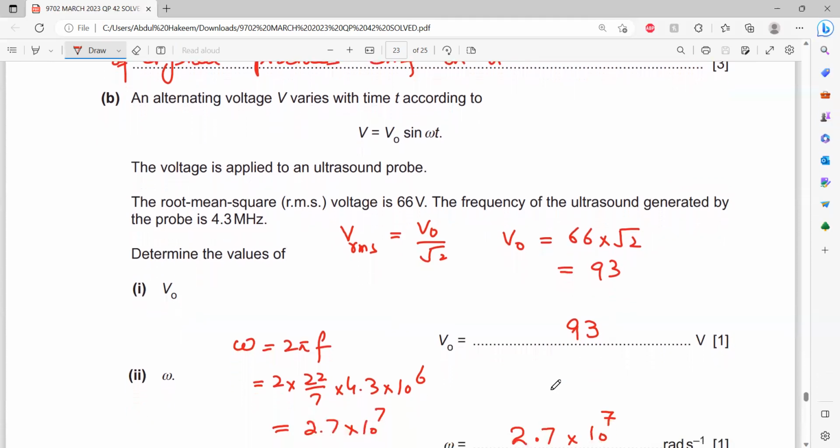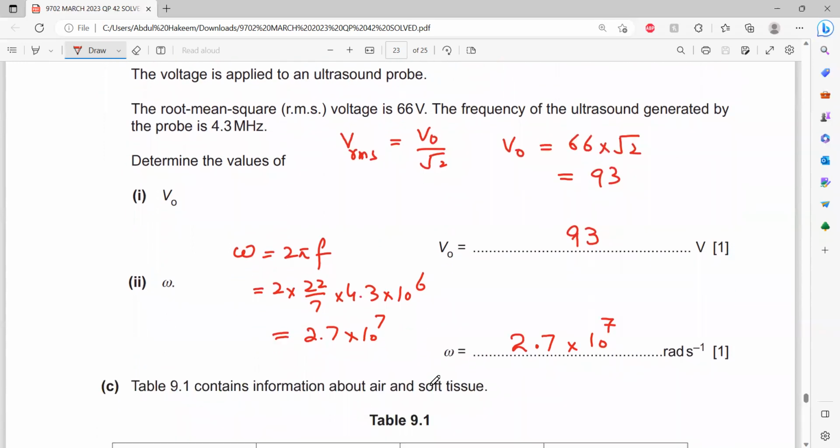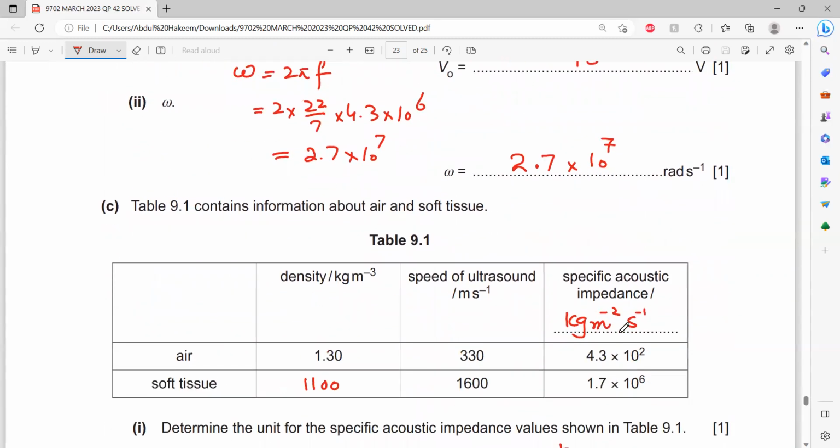This is the peak voltage. And theta is omega t, so omega is equal to 2 pi f. The frequency is in mega, 4.3 times 10 power 6. So we will get omega 2.7 times 10 power 7 radians per second.